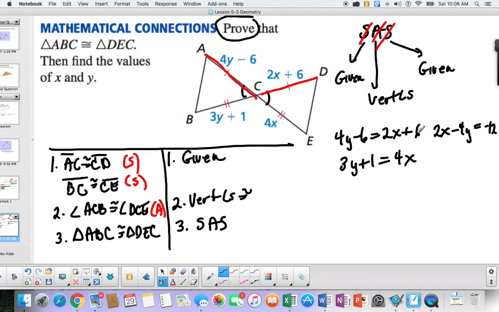So I subtracted 6 to get the negative 12, and I subtracted 4y to get this one. Now over here I'm going to have 4x, and I'm going to bring the y over to this other side, so that's 3y is equal to 1.